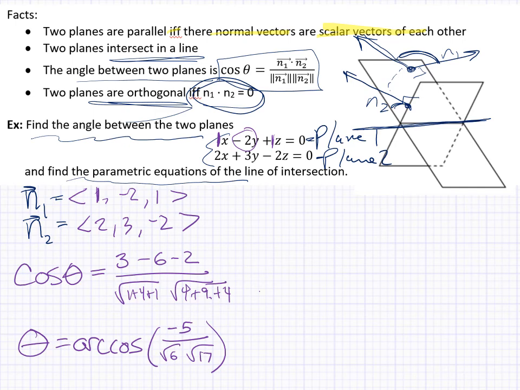Right? And that doesn't really tell you a whole lot in terms of the angle. You have to then figure out what this angle is. Knowing that you're taking the arc cosine of a negative, you should at least know that theta has to be somewhere between pi halves and pi, from what you know about arc cosine.